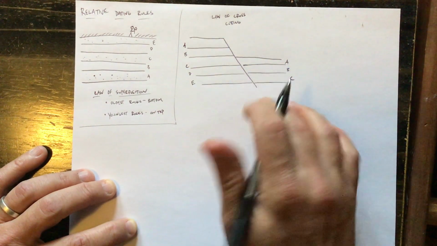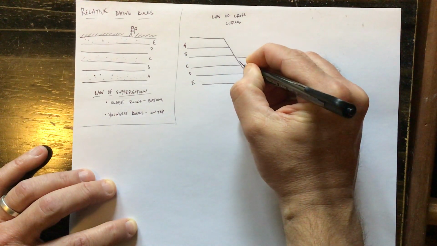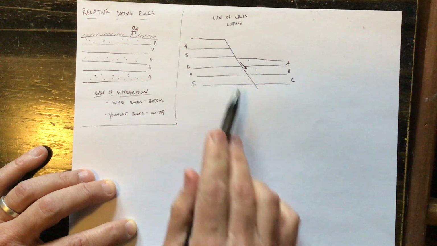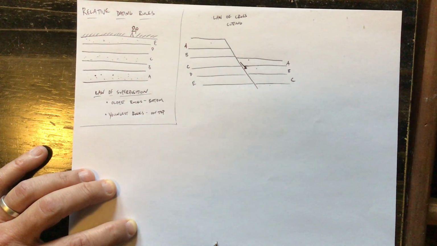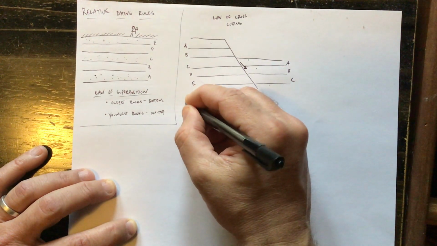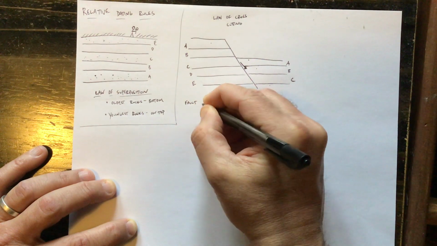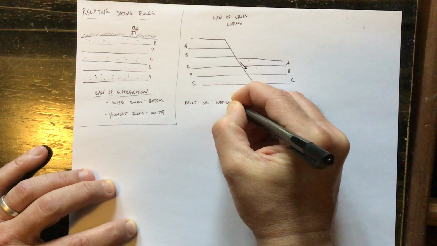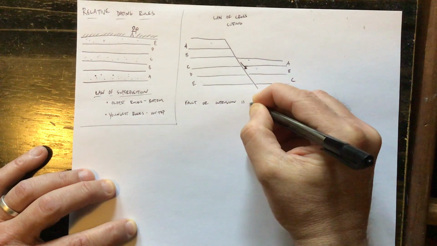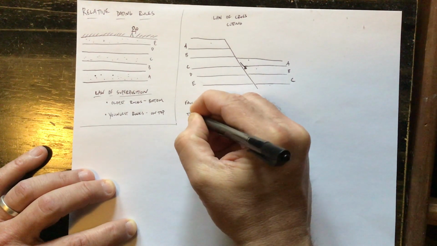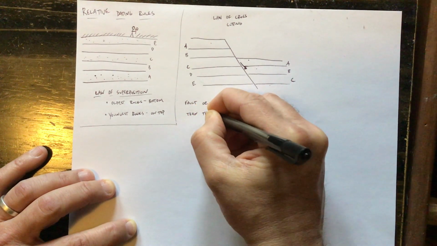But you can say with some certainty that movement has occurred along this fault, and A used to be lined up with A, and B used to be lined up with B, and C used to be lined up with C before the fault occurred. What the law of cross-cutting says is that the fault or intrusion is younger than the layers it cuts across.